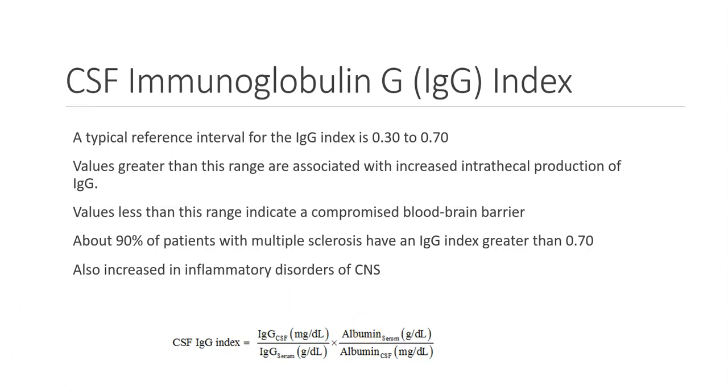Values less than this range indicate a compromised blood-brain barrier. About 90% of patients with multiple sclerosis have an IgG index greater than 0.70. It's also increased in inflammatory disorders. So it uses both IgG and albumin levels in both the CSF and the blood, where the component of blood that will be tested is serum, and then the index is determined.